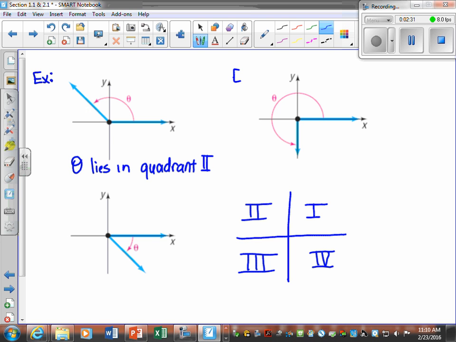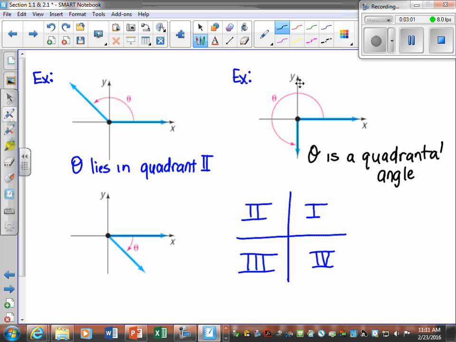This next example, if I ask you what quadrant does theta lie in, what do you tell me? It lands exactly on it. So this is called a quadrantal angle. It has a special name, and that's because it lies exactly on an axis.